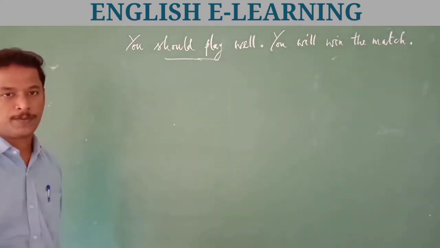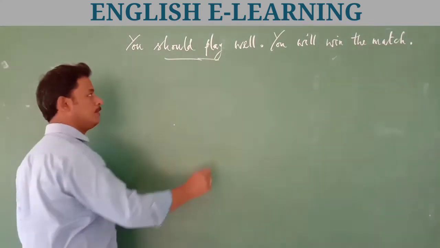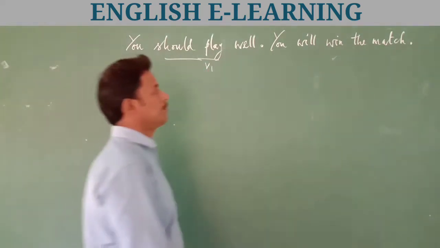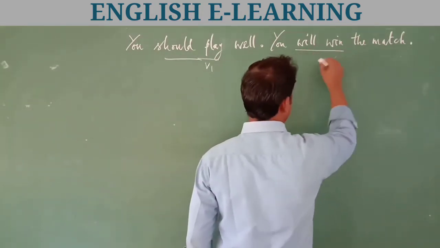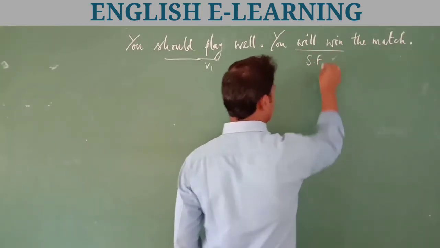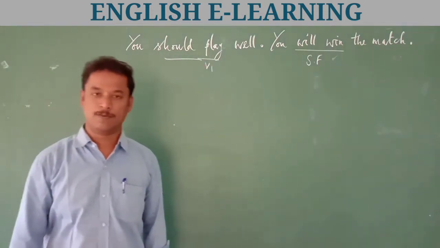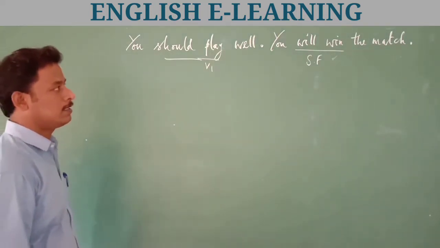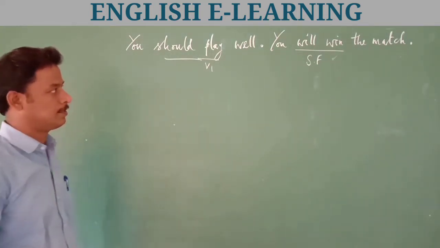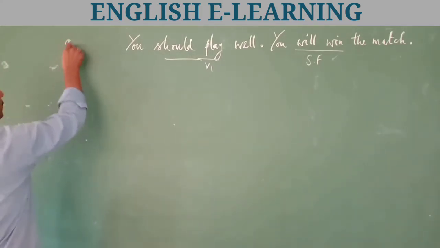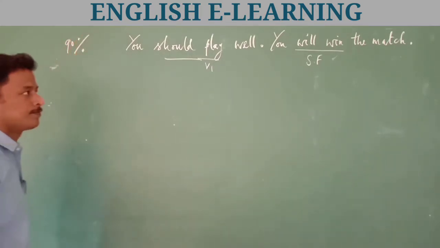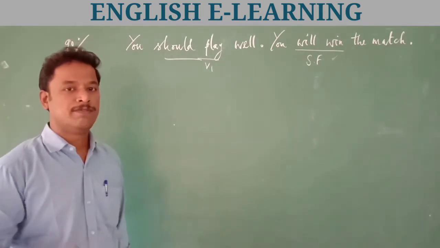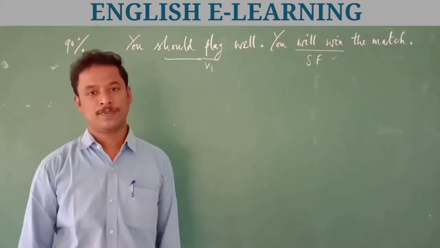Should play. Okay. The condition is you should play. So play is in verb 1 and the result is in simple future, will plus verb 1. So, the possibility of this result happening is 90%. Right. So, that is why we have to use the first conditional clause.